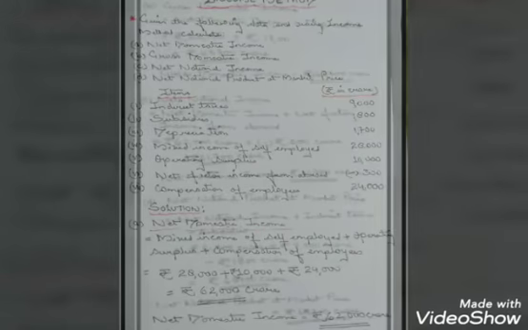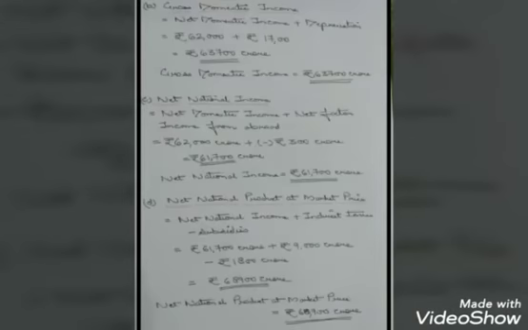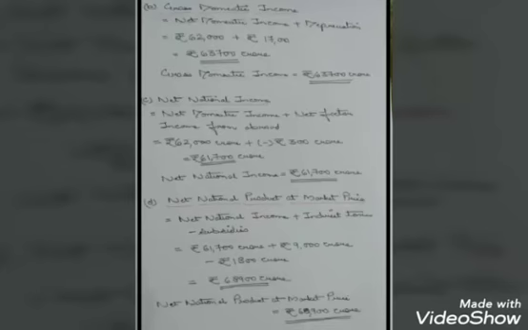Now once you are able to get net domestic income, it becomes very easy to find out gross domestic income. Simply what you have to do, you people know that to the net domestic income you need to add the value of depreciation, which has already been given over here, that is 1700.